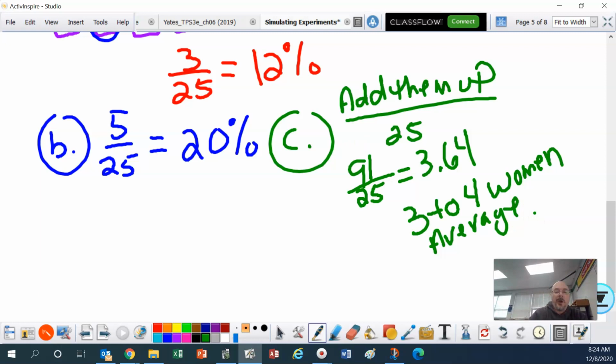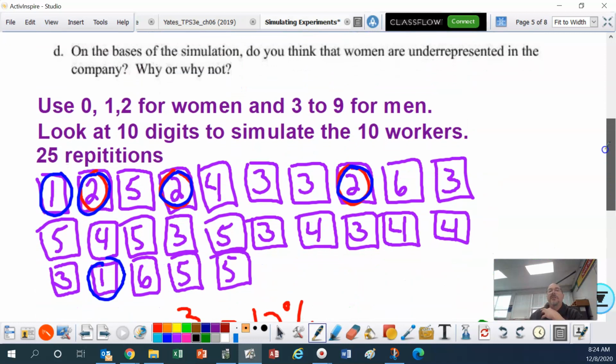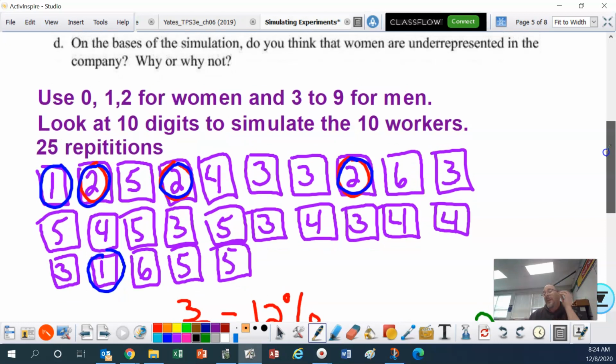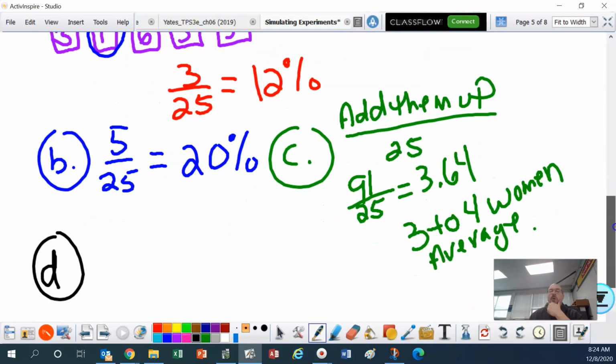All right, and then part D, ladies and gentlemen. Part D says, on the basis of the simulation, do you think that women are underrepresented in the company? Why or why not? Okay, well, the average is 3 to 4 women.